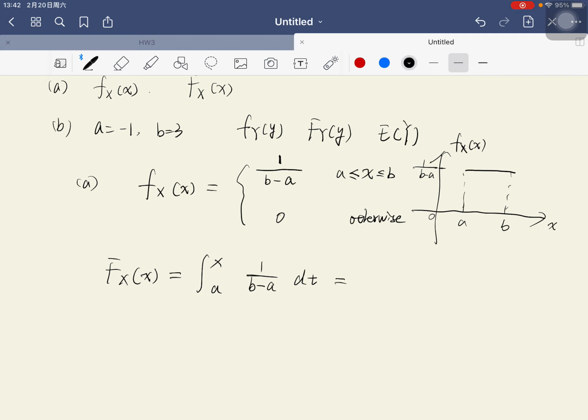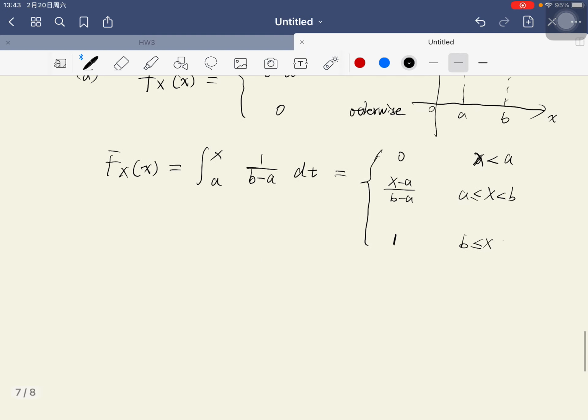We could compute the distribution function: it is 0 when x is smaller than a, when x is from a to b it is equal to x minus a over b minus a, and when x is over b the distribution function is equal to 1.